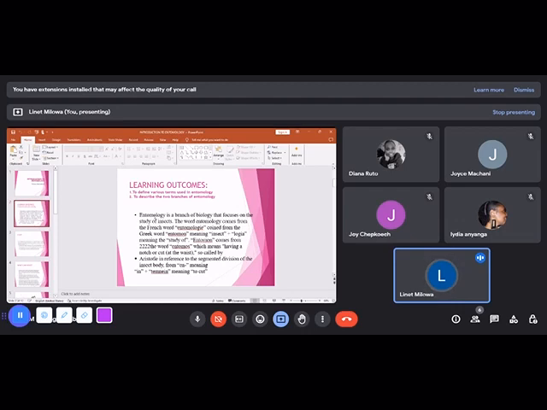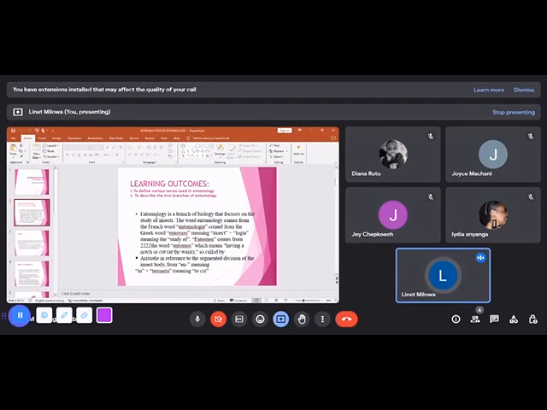So we are going to first of all define various terms used in entomology and also describe the two branches of entomology. So, class, what is entomology?